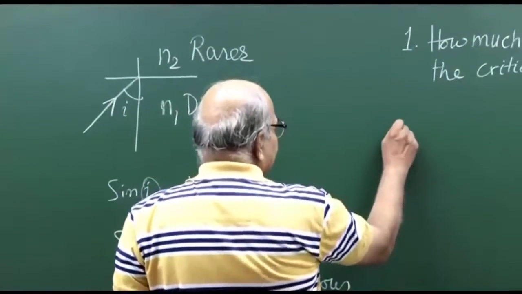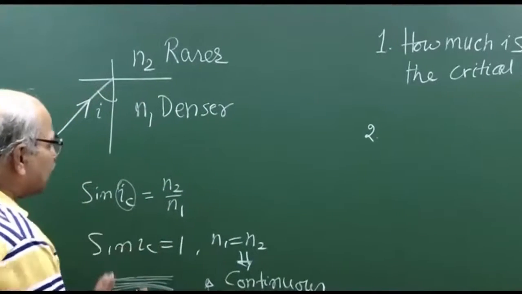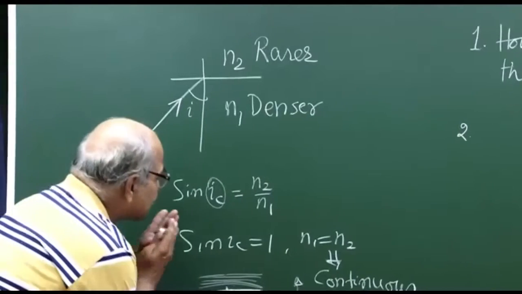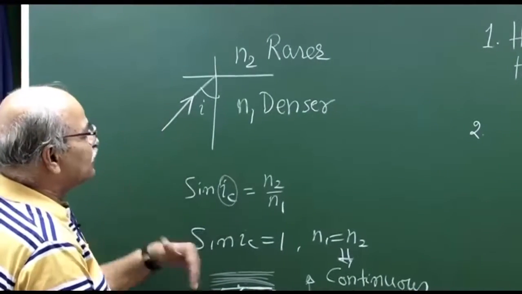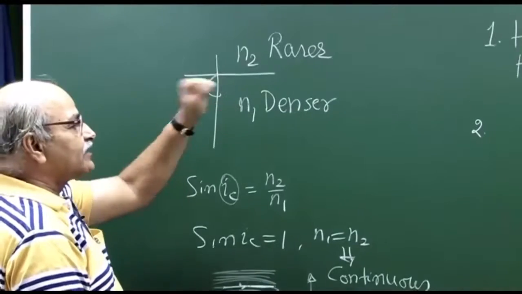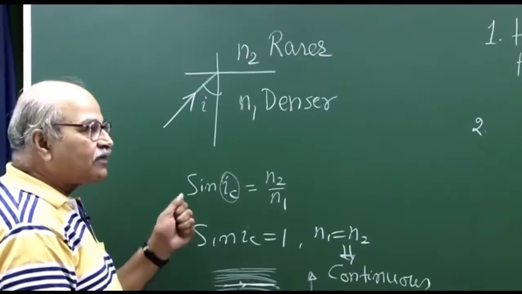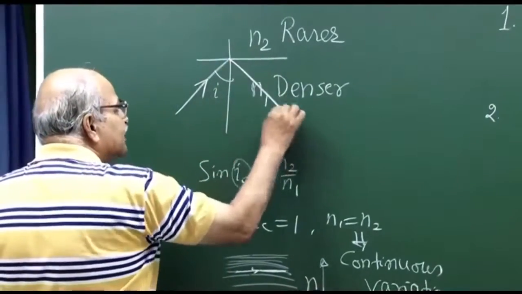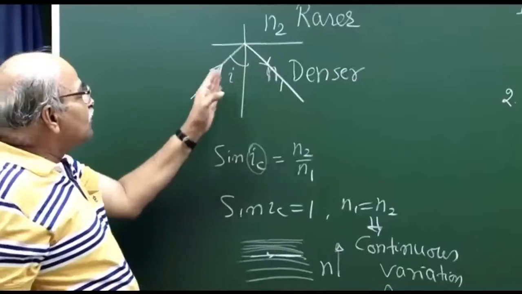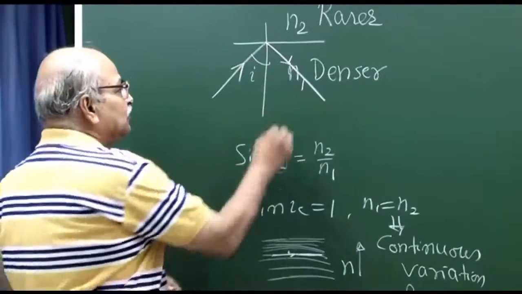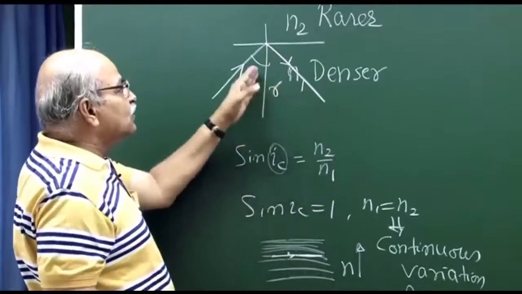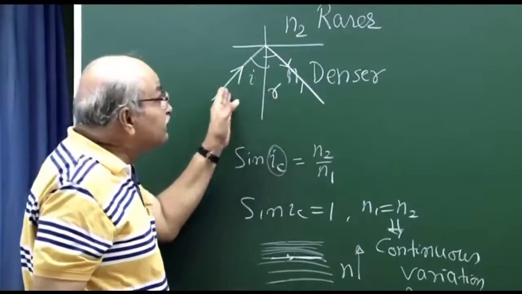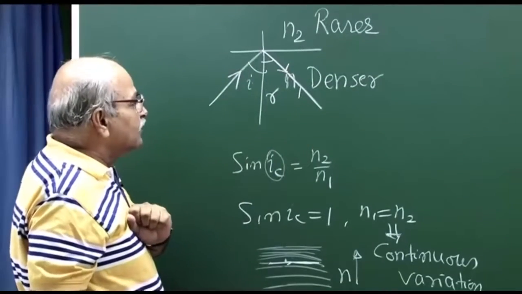Now the second part is, even if there is some critical angle, and even if light does find that the angle of incidence is more than critical angle, and TIR takes place, when this reflection takes place, it follows the laws of reflection. So the angle of reflection is equal to angle of incidence. I is equal to R, even when it is total internal reflection.